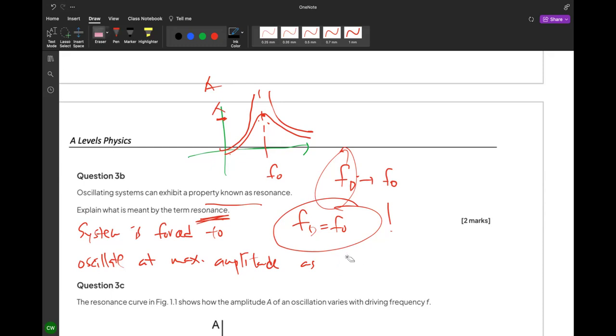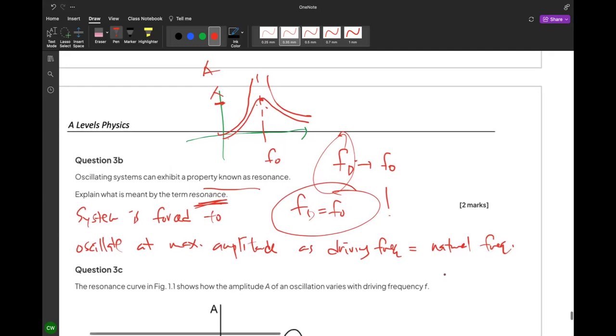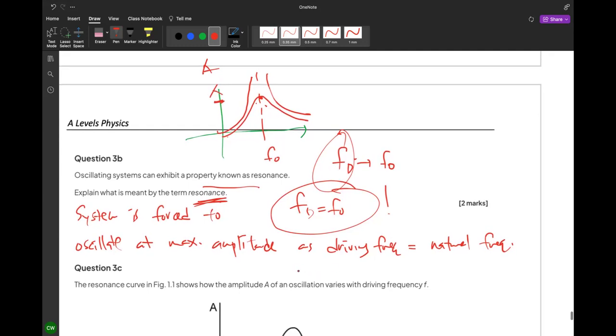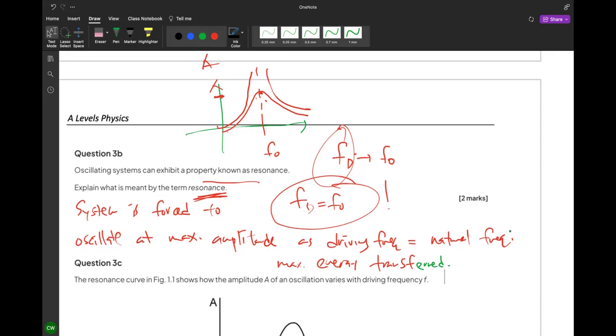Driving frequency equal to natural frequency. Okay, so maximum energy transfer. So this mentions the energy being transferred.